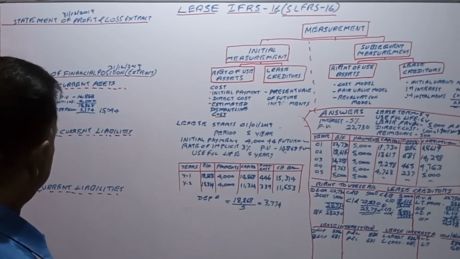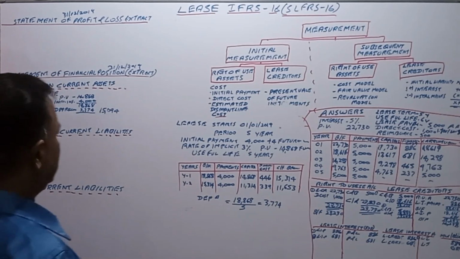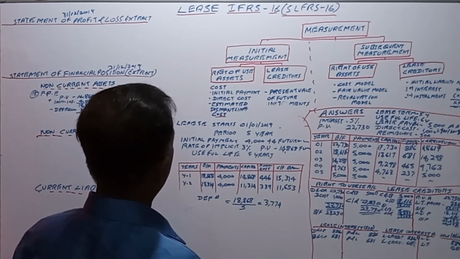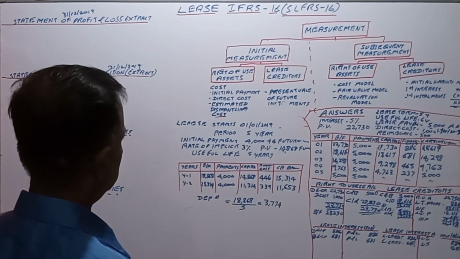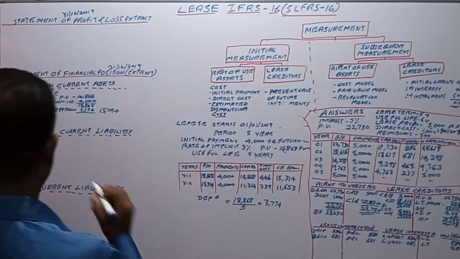Under the non-current liabilities, you will show lease creditors.